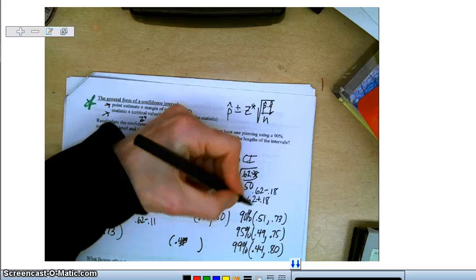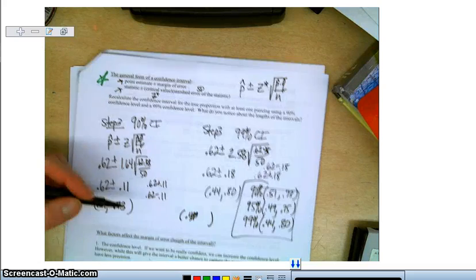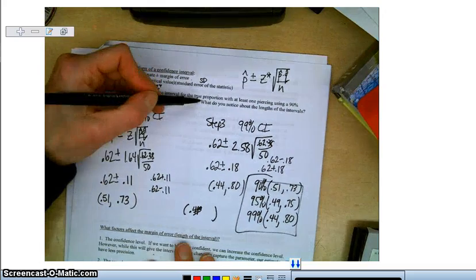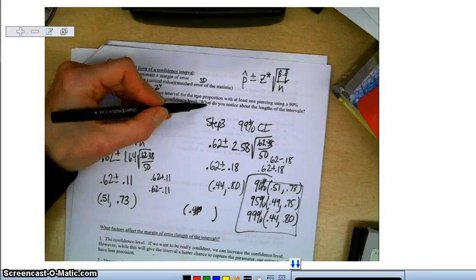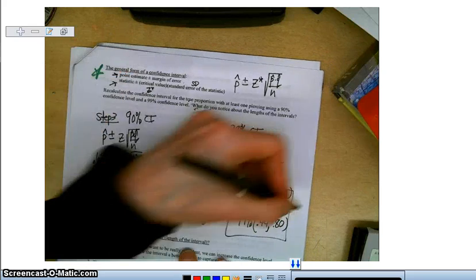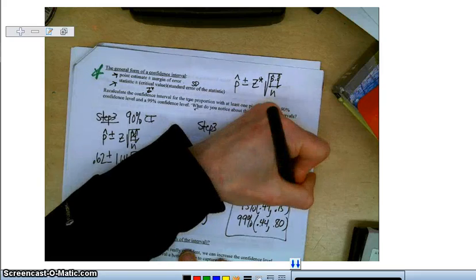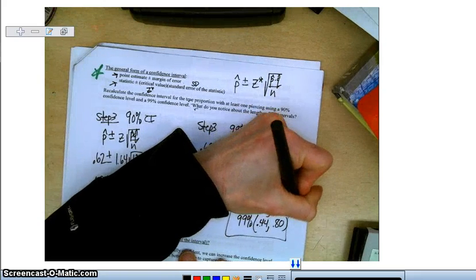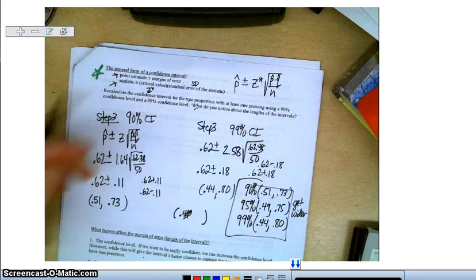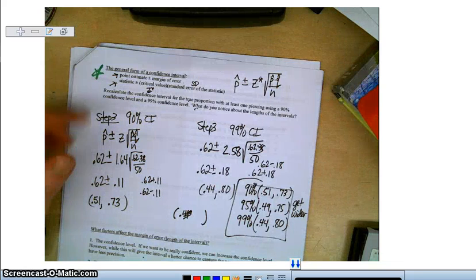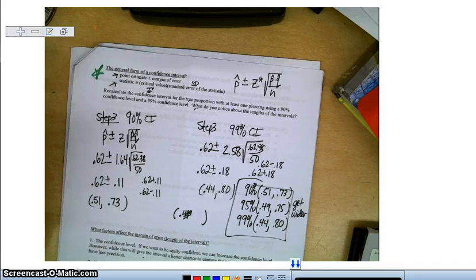And I want you to look at these and compare them. What do you notice about the lengths of the intervals? They get wider. They get wider the more confident you get. Remember when I said it'll be between 0 and 150 degrees? And you can be what percent confident usually? 100% confident usually? Okay.